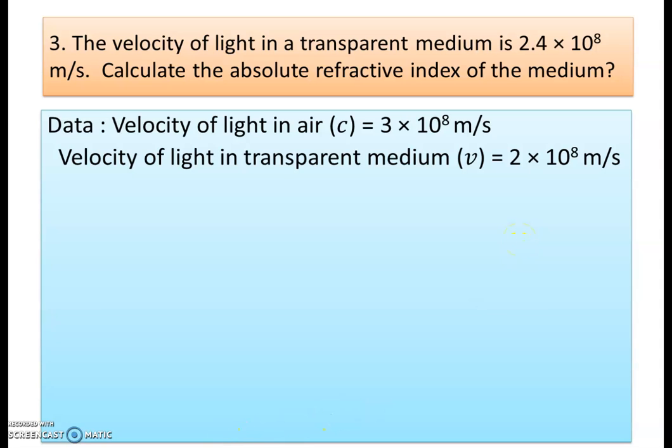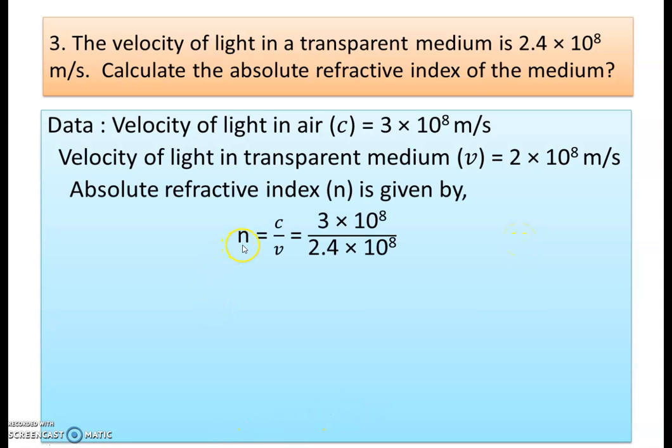We have to find out the absolute refractive index of the medium. That's why the formula will be: absolute refractive index of medium is given by C upon V. That means velocity of light in air divided by velocity of light in medium. That is 3 into 10 raised to the power 8 divided by 2.4 into 10 raised to the power 8. 10 raised to the power 8 divided by 10 raised to the power 8 cancel.